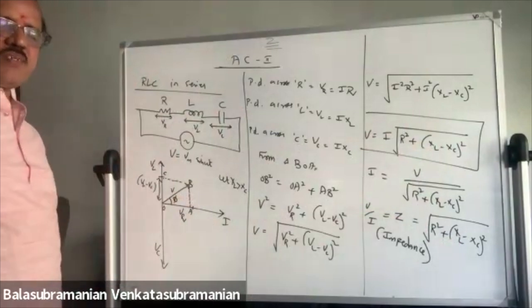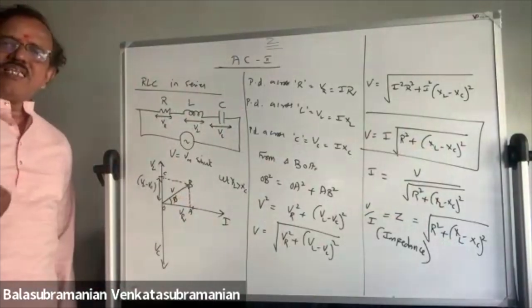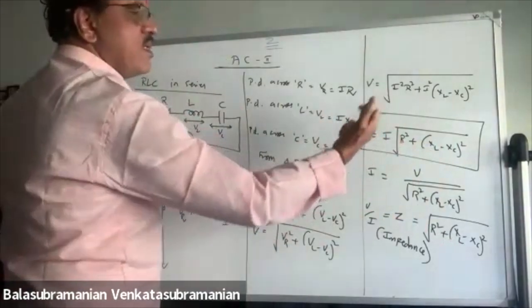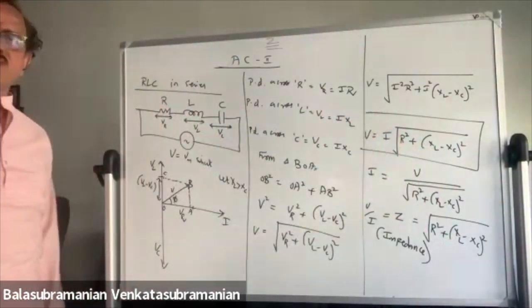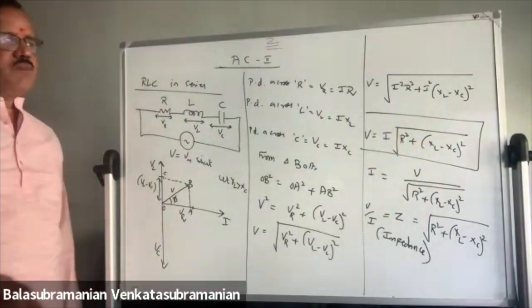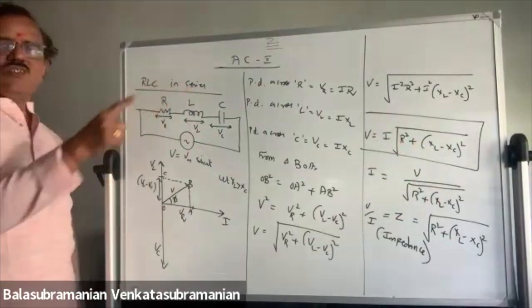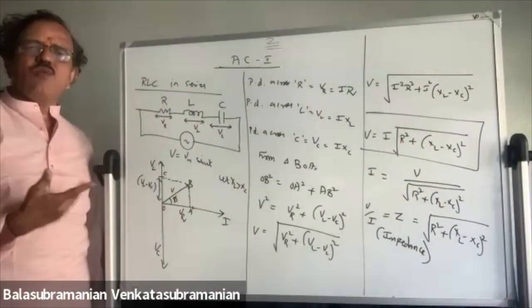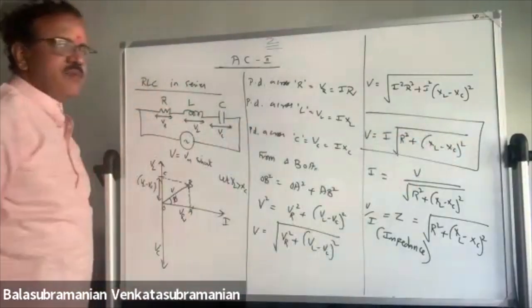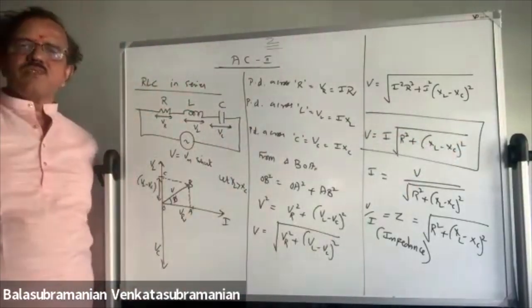Ignore XC, no capacitance. For an LC circuit, remove R: XL minus XC the whole square. For an RC circuit, R square plus XC square. How plus XC square? Here it is minus sign whole square, and when you square a minus it becomes plus.